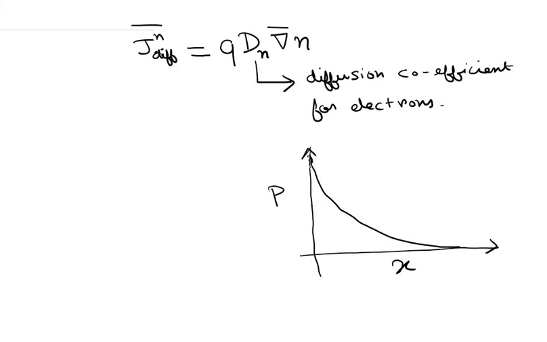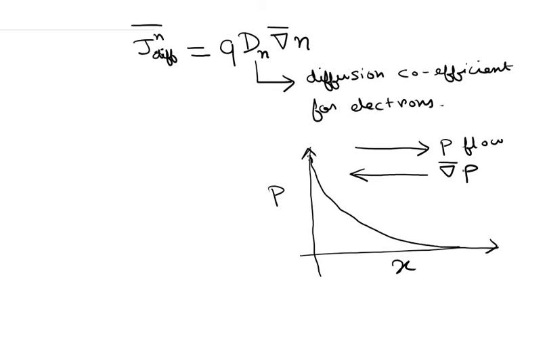So again holes would flow from the point of high concentration towards the point of low concentration. So this is the direction of flow of holes. Similar to the previous case, this is the direction of the gradient of holes.